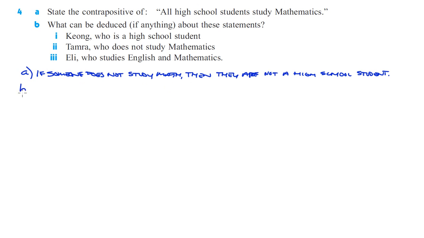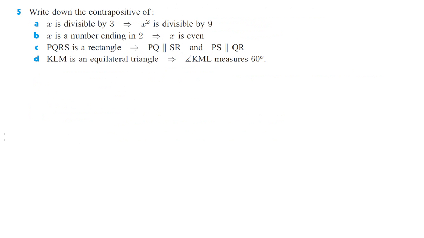Okay? Part B, what can be deduced, if anything, about these statements? Kyung, who is a high school student. So since he's a high school student, we have to assume that he studies math.